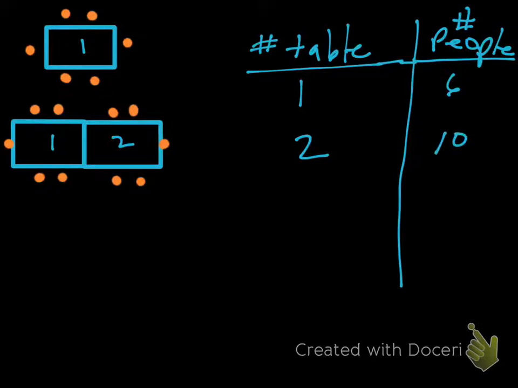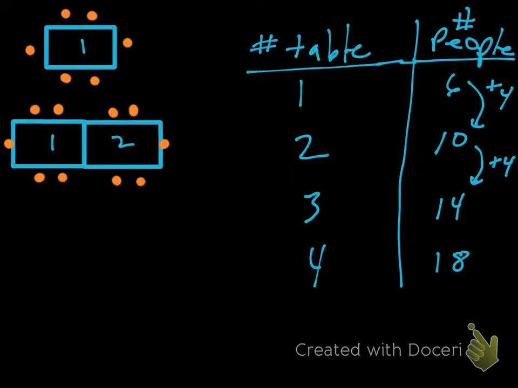And if you have 3 tables, you'll see that, and again, please go back and review Sal Khan's video, as you'll see that each time it increments by 4, right? So if you have 4 tables, you have 18, okay?